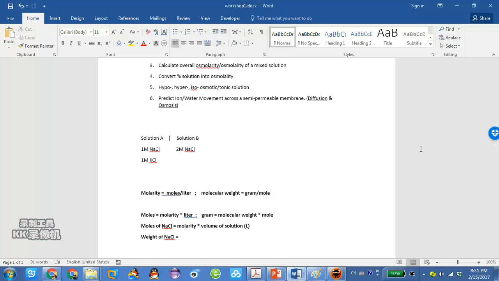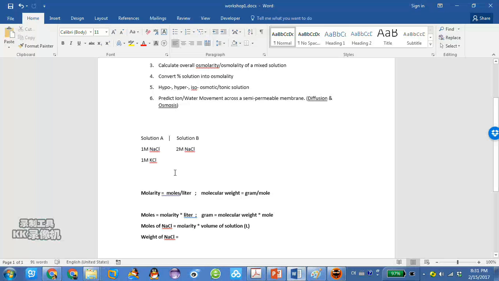When NaCl and KCl dissolve in water, they don't remain as molecules. Instead, they dissociate into different ions. In these 2 solutions, we have sodium ions, chloride ions, and potassium ions. These ions are in constant random motion.